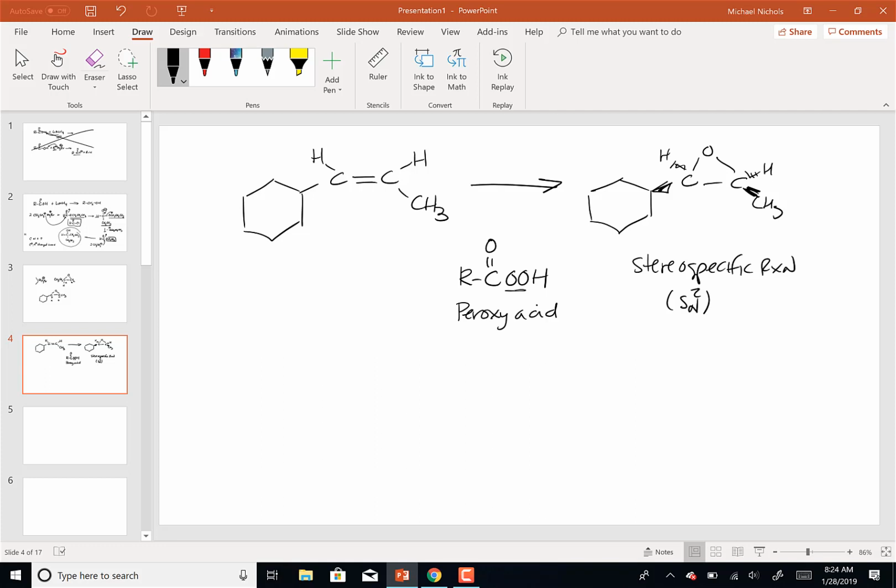So like many of these things, we've got to review and get ourselves back up to speed. So that's just method 1 to make an epoxide: react the alkene with peroxyacid. Does anybody remember the second method?